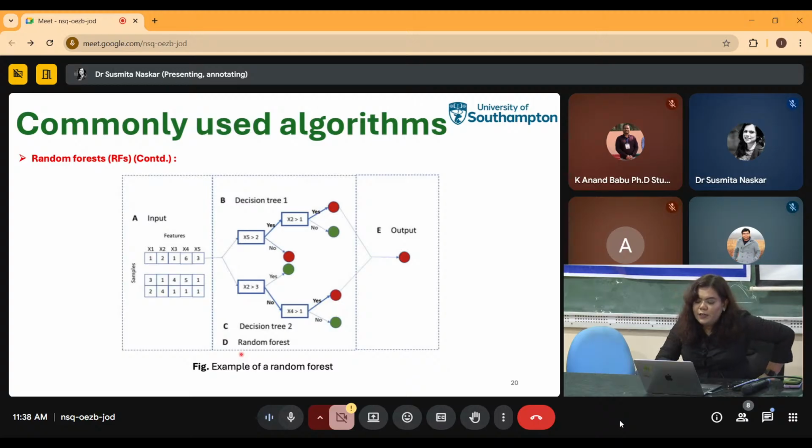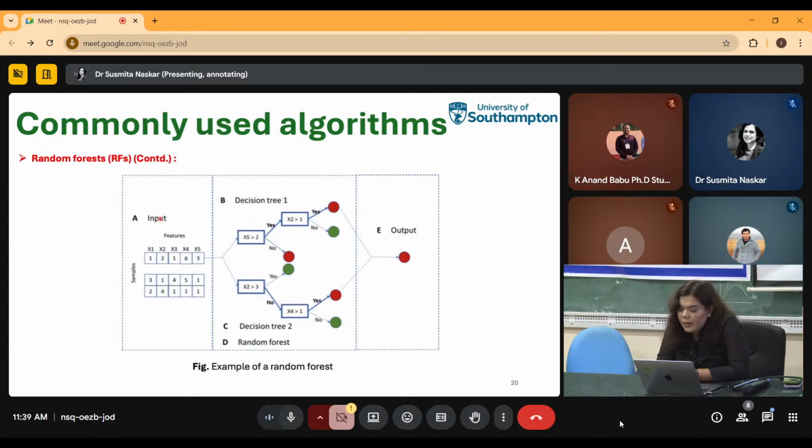Finally from D we come to point E, and E is the output here, which is the final predicted class after combining all the votes from the decision trees. This diagram highlights the core strength of the random forest. By using multiple decision trees and voting, we get a model that is more accurate and less likely to overfit compared to a single decision tree.